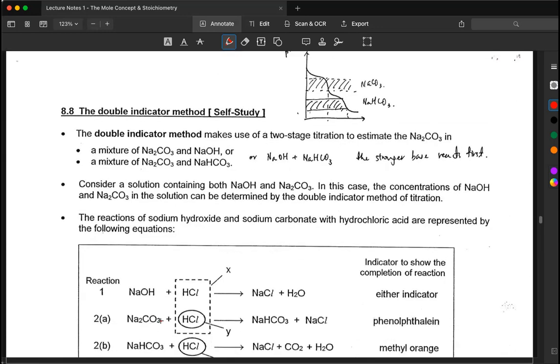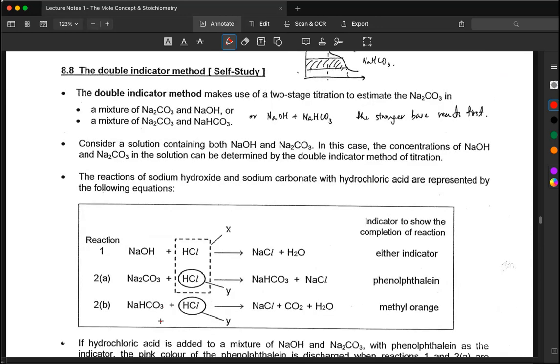So let's consider a solution containing both sodium hydroxide and sodium carbonate. In this case, the concentration of sodium hydroxide and sodium carbonate can be determined by the double indicator method of titration. The reactions of sodium hydroxide and sodium carbonate with hydrochloric acid are represented by the equations.